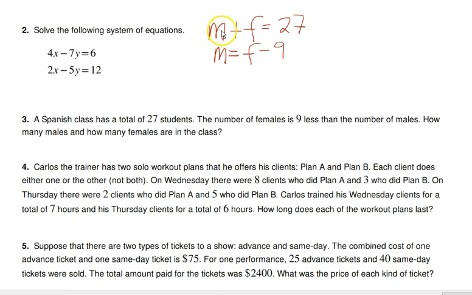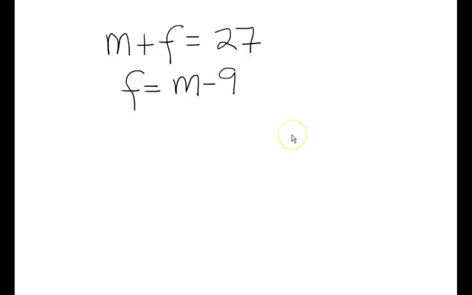So, males plus females, total of 27, and the males equal the female number less 9. So again, as you study this, now in this example I spotted an error that I made.